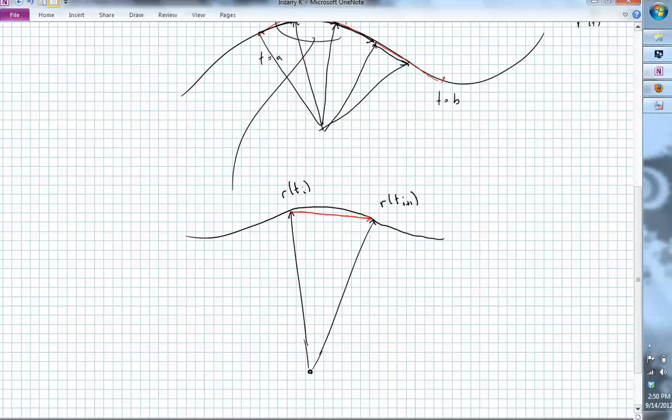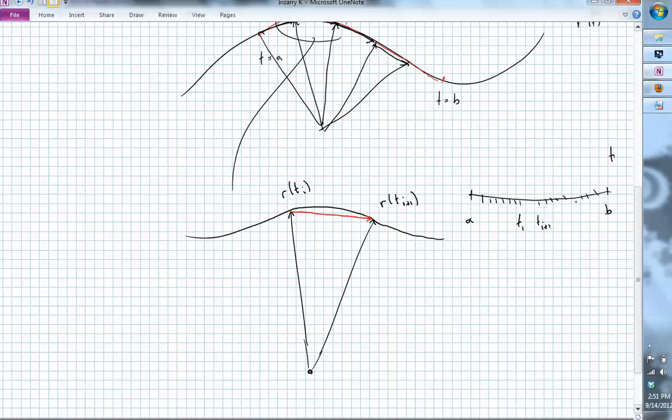Okay, so what am I doing? What are these t_i and t_{i+1}? I've taken the interval from a to b and chopped it up into lots of pieces. This is in t, and the consecutive points t_i, t_{i+1} are what I'm interested in.